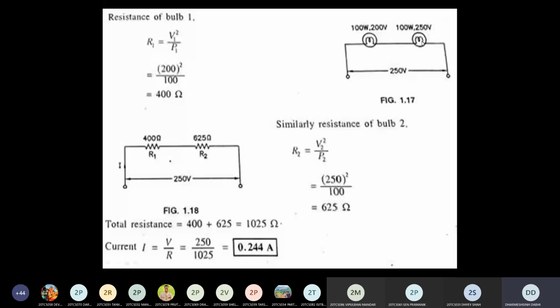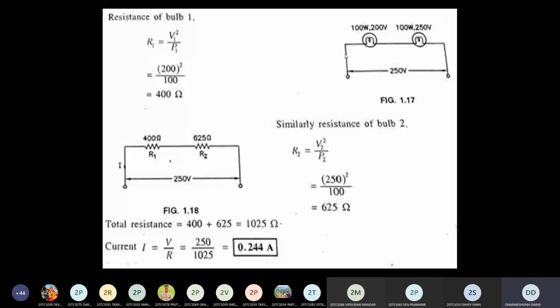Both bulbs are connected in series, which means the resistances 400 and 625 ohm are in series. So what is the equivalent resistance? R is equal to R1 plus R2. Total resistance of this circuit is 1025 ohm. Now we find the current flowing in this circuit.